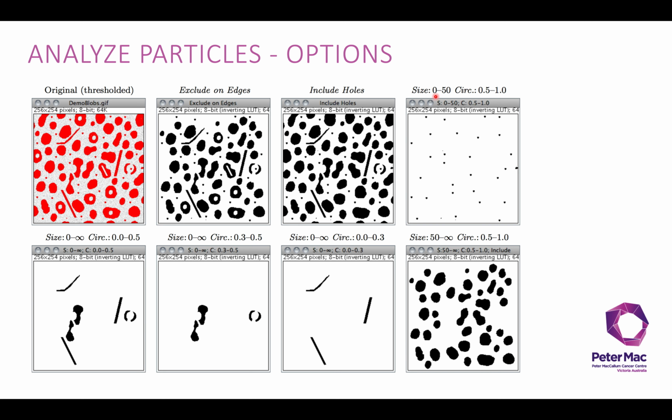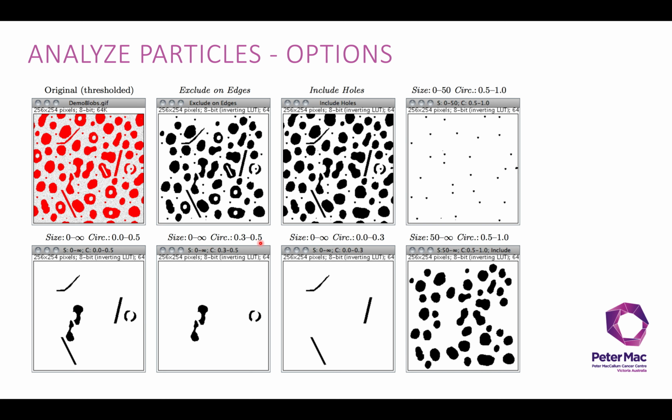And in this case, we're filtering based on size of objects and also their circularity. So if we're filtering 0 to 50 pixels area and circularity of 0.5 and above, then we get these very small circular objects. In this case, we're not filtering based on size, but we are filtering based on circularity, so anything below 0.5, which gives us these elongated or more globular structures. Again, we can narrow this down further.